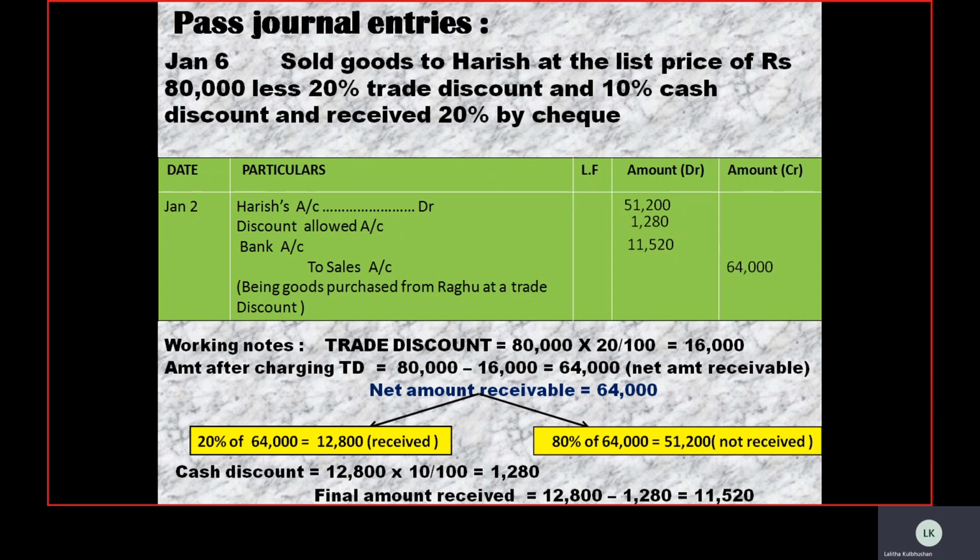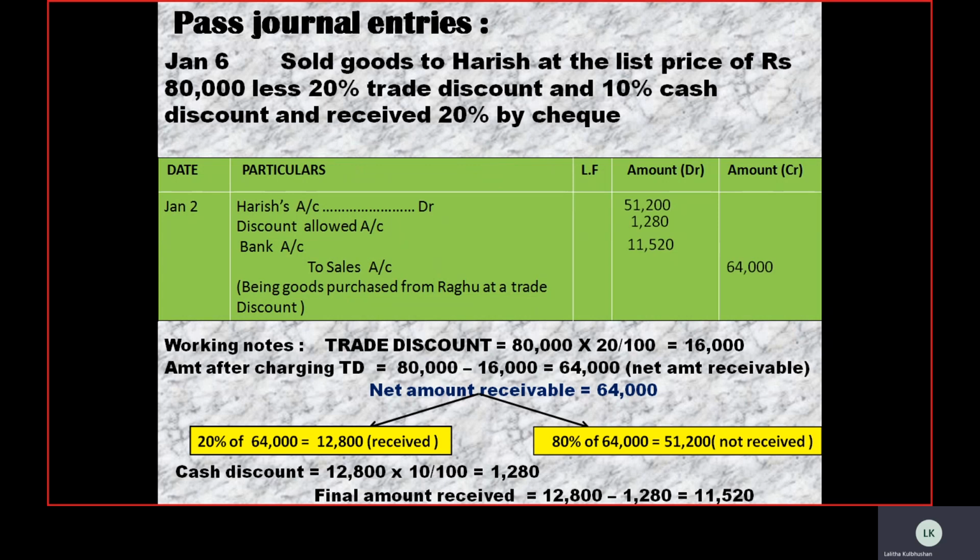And in case of the sales, the amount will be how much here? Excluding the trade discount, it is 64,000. So this is how the journal entry in case of the sales will be executed. It means the concept of the trade discount and the cash discount will be the same. Only in the journal entries, the debit and the credit of the accounts will change when it's a sale. I hope this concept is clear to you children.